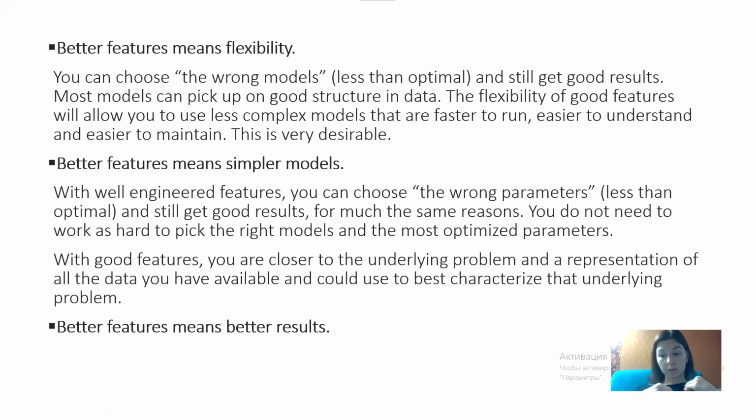And this is very desirable because when you're trying to construct deep neural networks with hundreds of artificial neurons, it's not a good solution when you have problems inside your data set, when you have garbage in. So it's better to construct feature analysis with a simple, straight line to separate your classes if you have linear separability. It's the best solution. So better features means simpler models.